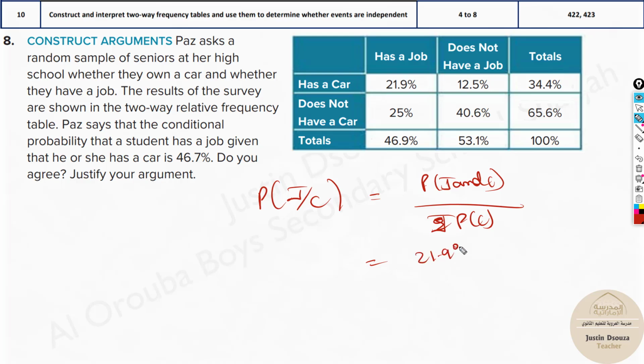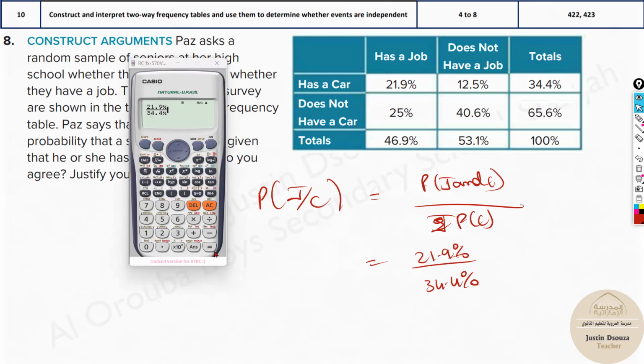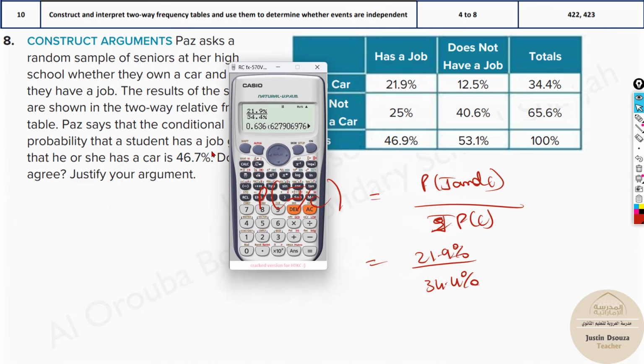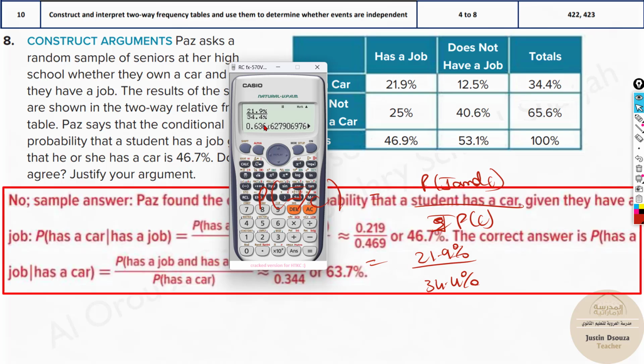It is 21.9%, divided by the probability of car, that's over here, the total, 34.4%. Now let's just put it in the calculator. Here the answer we get is 63.6%. So this is wrong. You can see 63.66, it's 63.7%.